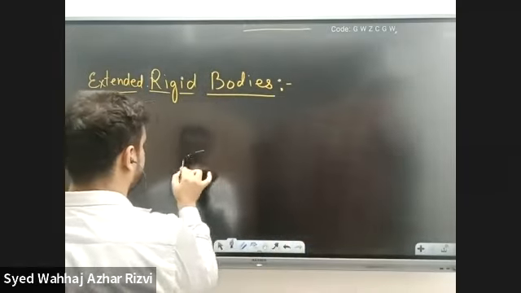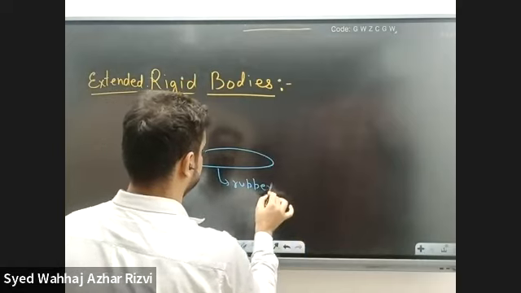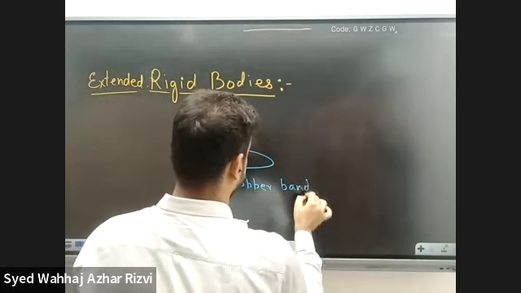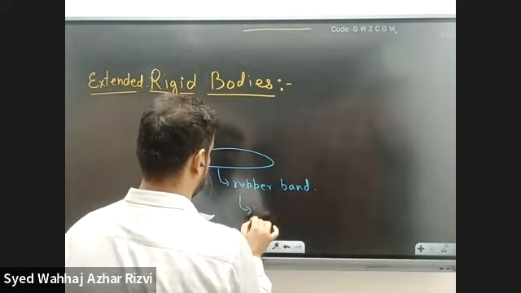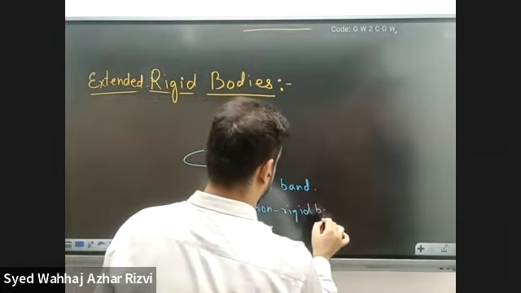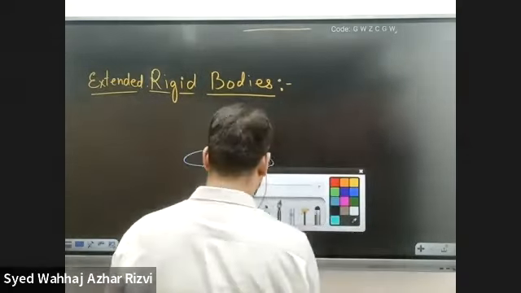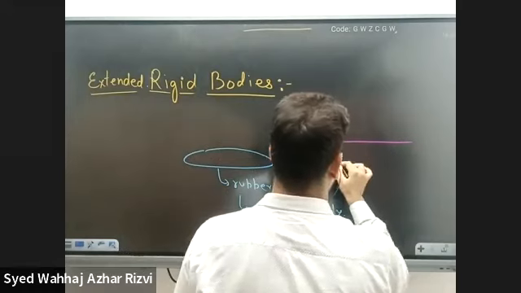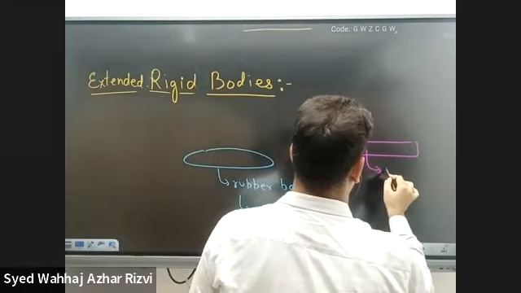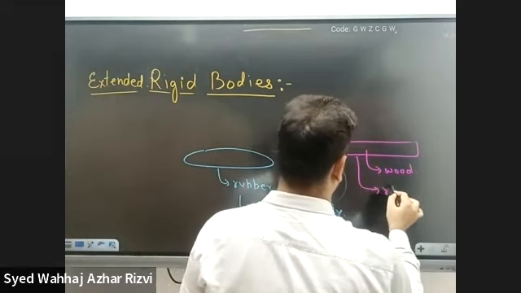So we have a rubber band, and this rubber band is a non-rigid body. And then we have a piece of wood, and this wood is a rigid body.